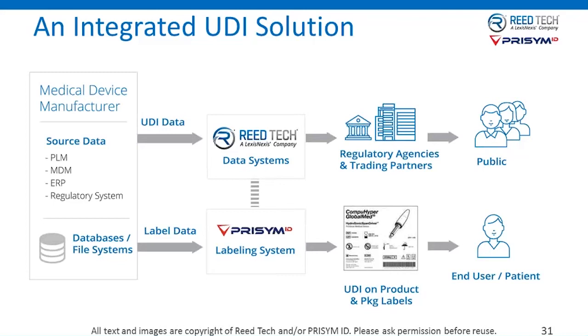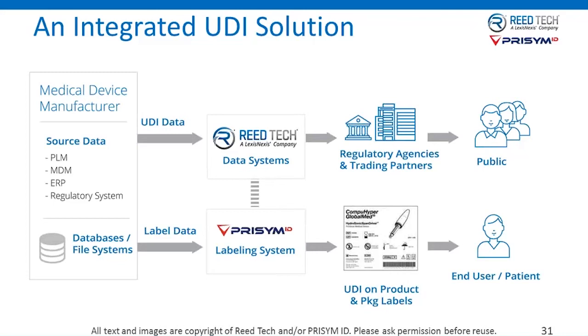One of the interesting things shown here, though, is the link between the two data streams. So you'll notice the vertical dotted line between PRISYM and RETEC there. The reason for that is that clearly UDI data has to be very synchronized, what's submitted to the regulatory body, regulatory agency, has to be what's actually appearing on your labels as well, clearly.